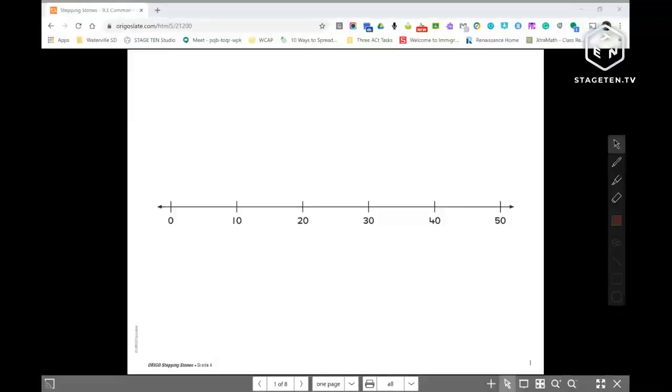So what are those called? If you said a third, you're absolutely right. So, or thirds, I should say. So there's 1/3, then we have 2/3, and finally we have 3/3.